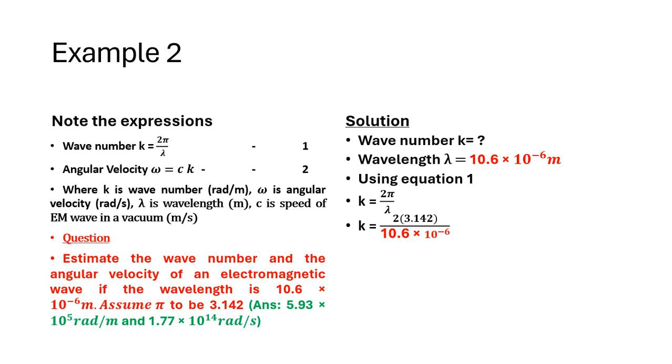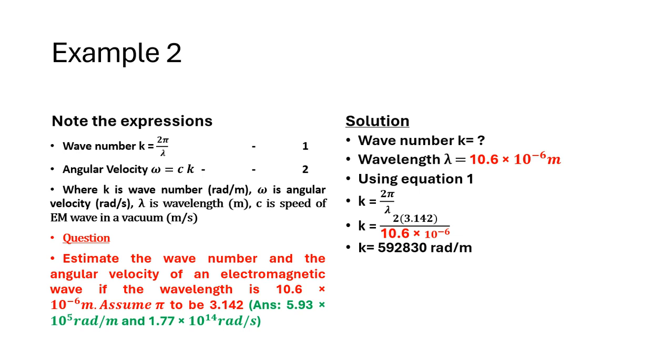When we simplify that, we get 592,830 radians per meter. Compare this with our answer here. The answer was written in standard form, but here it is in ordinary form. It's still the same thing. You should be able to convert from ordinary numbers to standard form and vice versa.